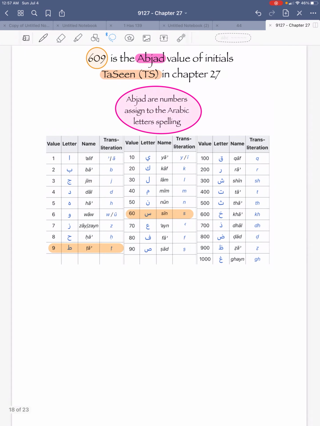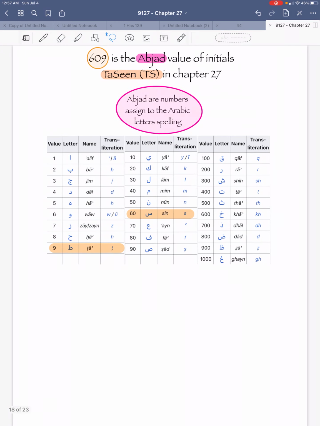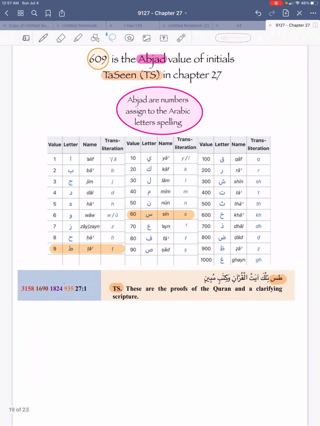Since we are talking about Ta, Sin, let's take a look at these two initials. In 27:1, chapter 27, verse 1, God said, Ta-Sin, or TS, these are the proofs of the Quran and a clarifying scripture.